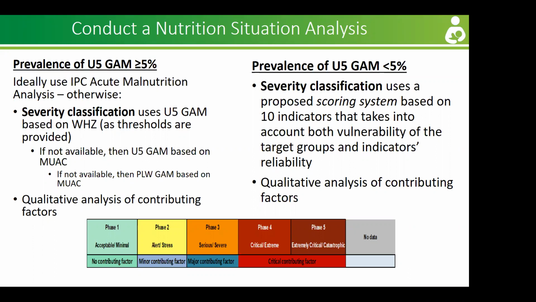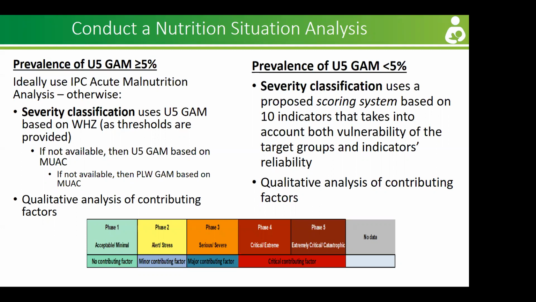Although we now prefer the aggregate indicator for global acute malnutrition, CGAM, that maybe a number of you are familiar with, that looks at both GAM based on weight for height and GAM based on MUAC.